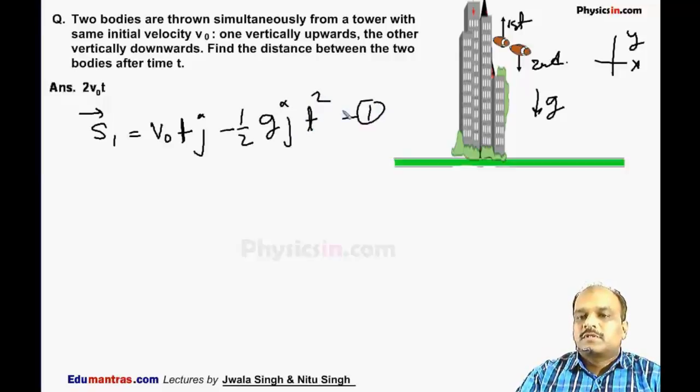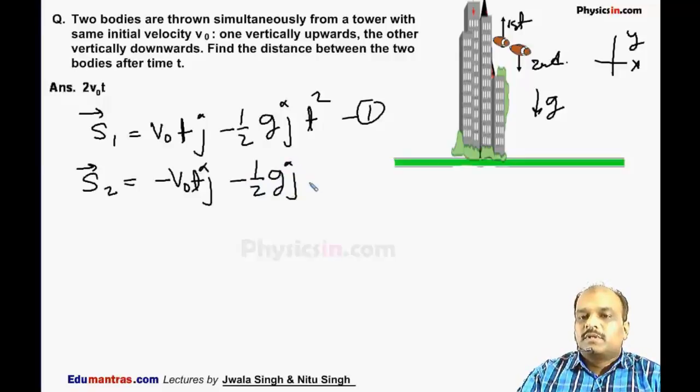This is the first expression. In the same way, the displacement of the second ball is minus v naught t j cap, because the second ball is thrown vertically downward, minus 1 by 2 g j cap into t square. This is the displacement of the second ball.